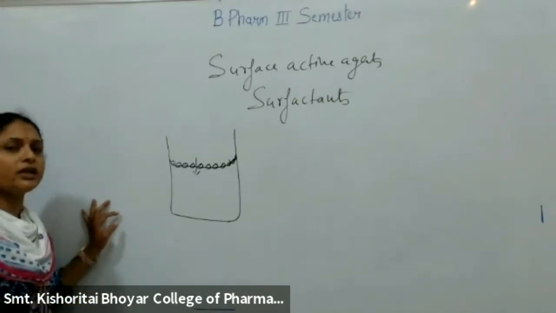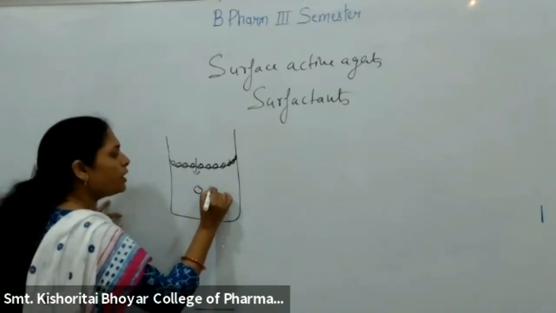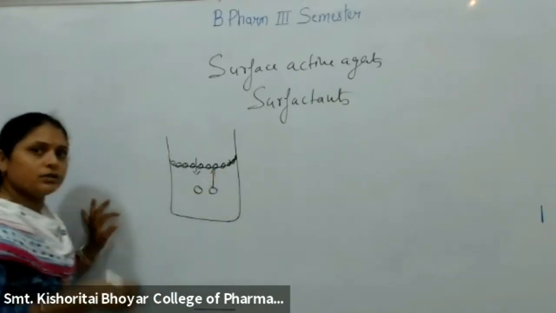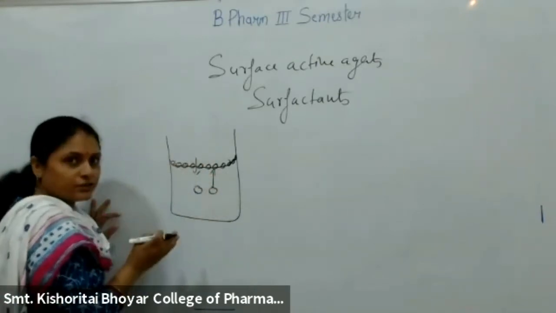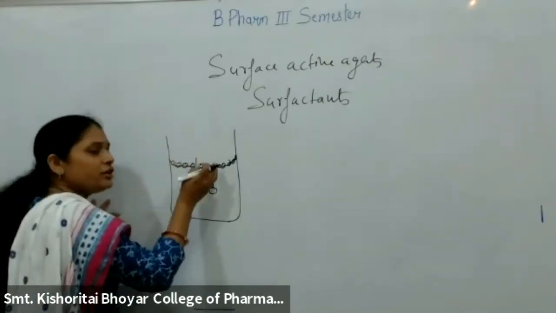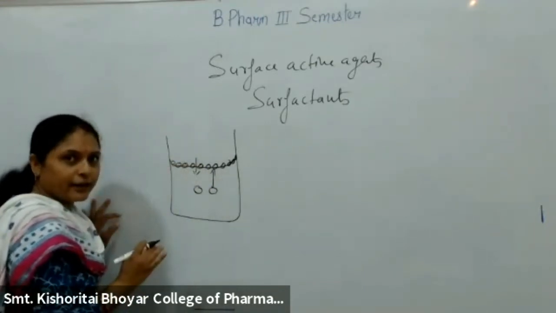But if we want to increase the surface area, what is required? The molecules from the bulk should be pulled towards the surface, energy should be spent so that they can be taken to the surface. And when we take them to the surface, work is done to increase the surface area.